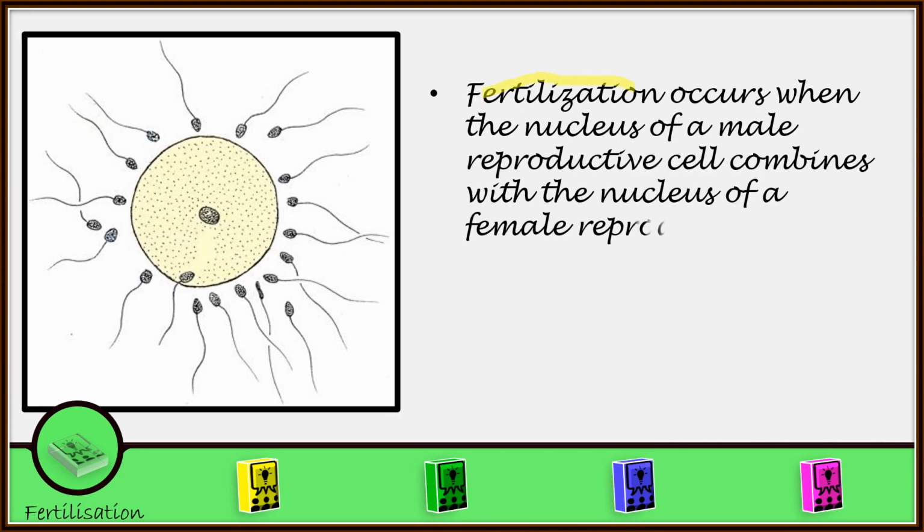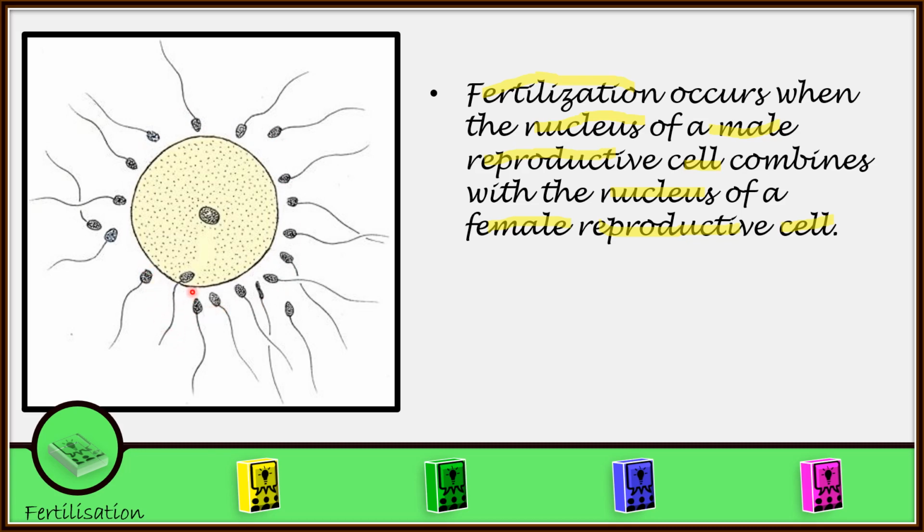Fertilization occurs when the nucleus of a male reproductive cell combines with the nucleus of the female reproductive cell. So if we look here, this is the ovum. This is the reproductive cell of the female. And here we have the sperms, and these are the male reproductive cells.